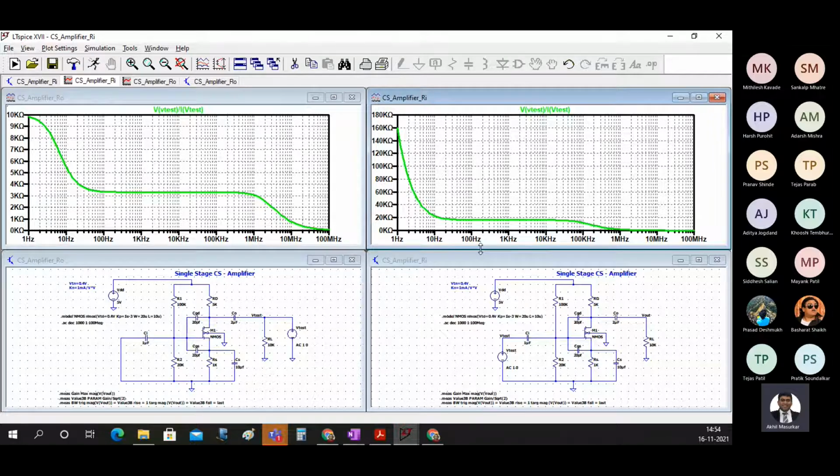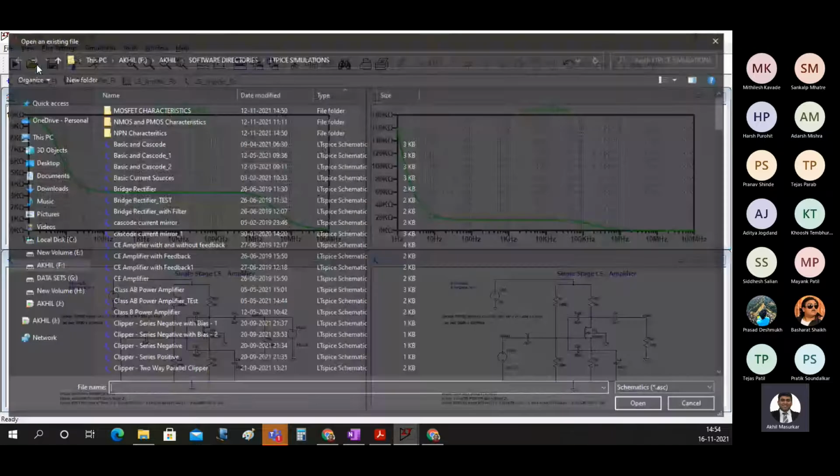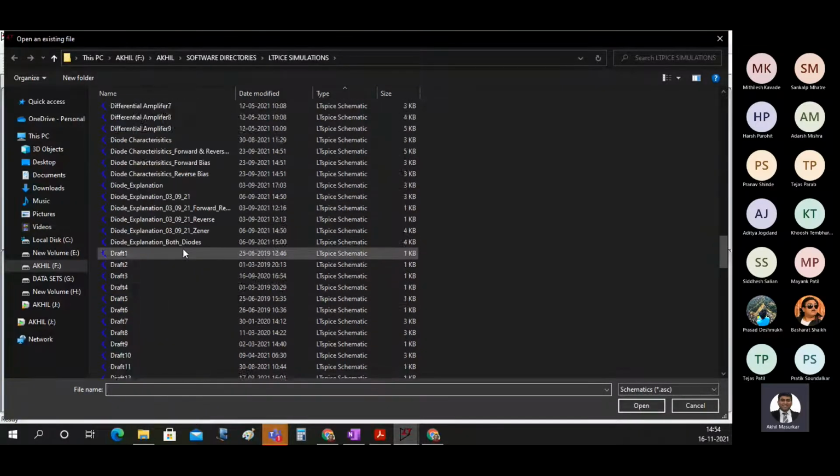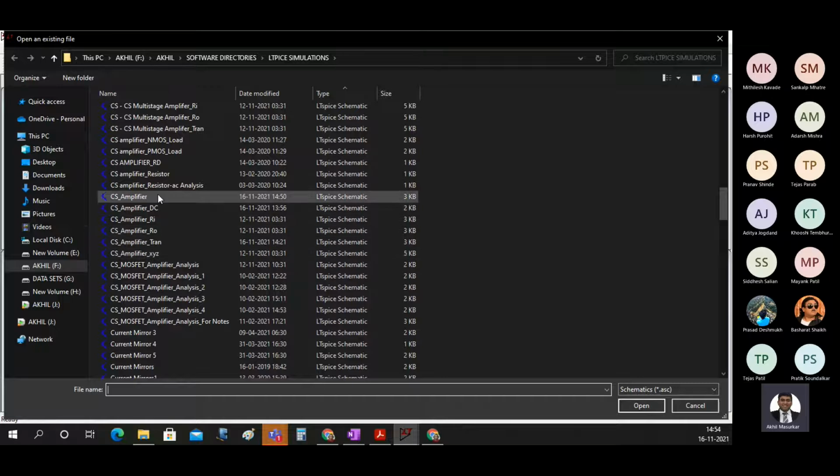So these are the two circuits which you will require to calculate RI and RO. I'll give you these four circuits to practice: AC, DC, RI, RO and transient.